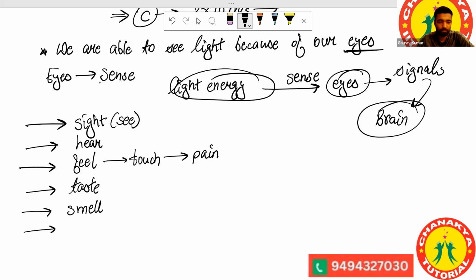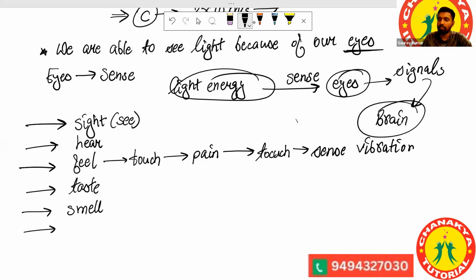Is there anything else we are able to sense? With feel you can associate vibrations also. Are we able to sense vibrations? Yes, with the help of touch, we can sense vibrations.